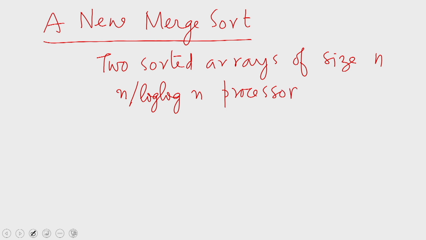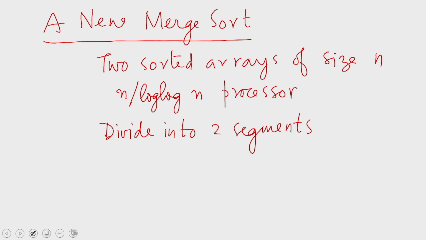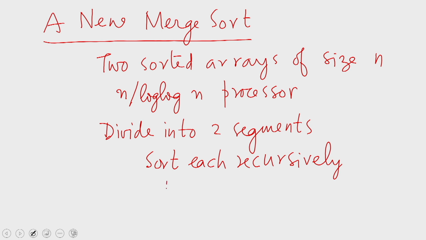What we do is the classic divide and conquer: divide the array into two segments, sort each segment recursively with half the processors, and then merge them using the algorithm of the last class. So, that is what the algorithm is.